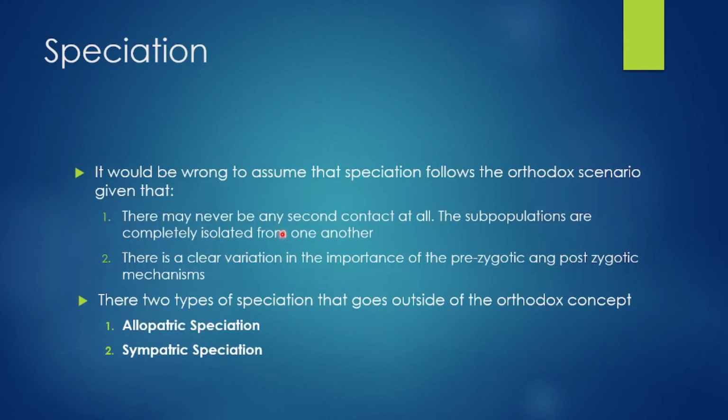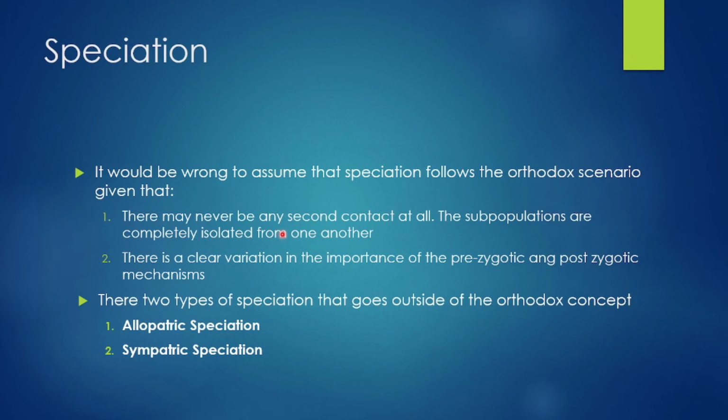There may never be a second contact at all, and the subpopulations are completely isolated from one another. I'll be giving an example later. There is a clear variation in the importance of the pre-zygotic and the post-zygotic mechanisms.